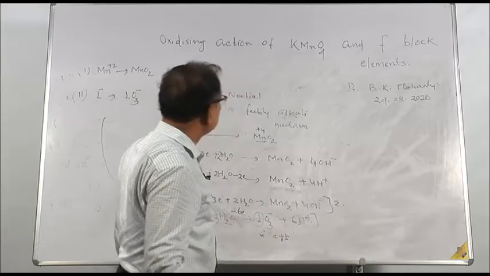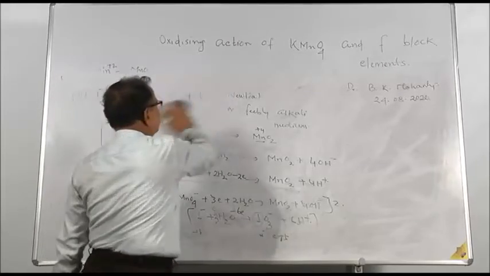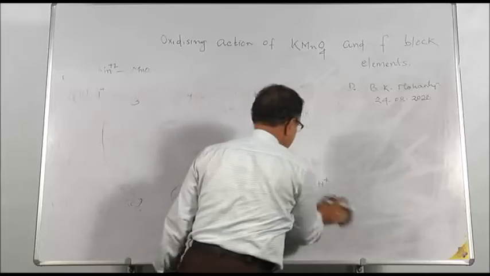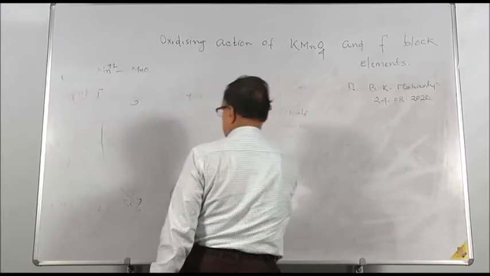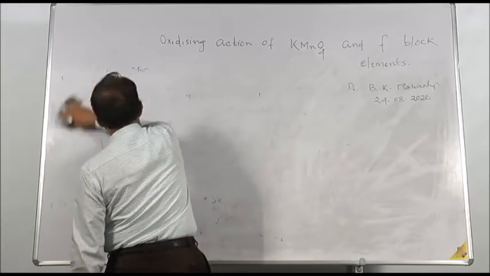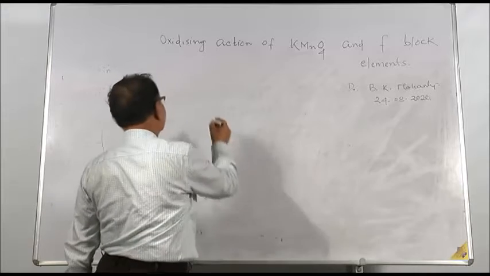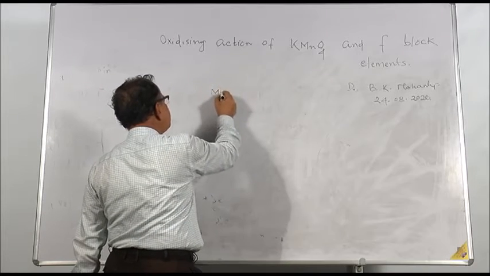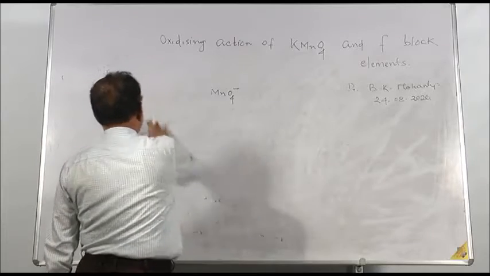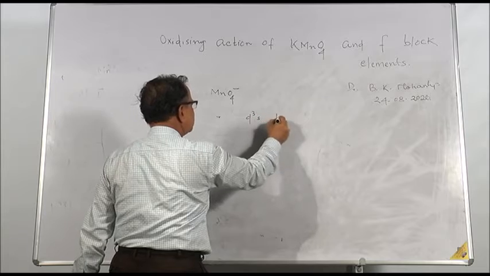Now let us discuss the structure of MnO4 minus. It may be written as d3s hybridization.